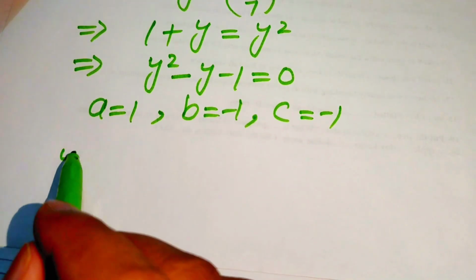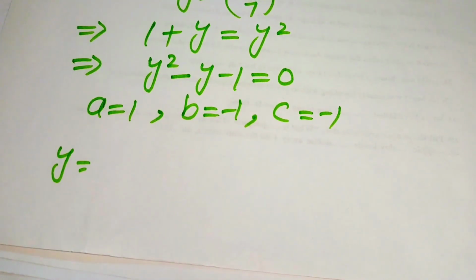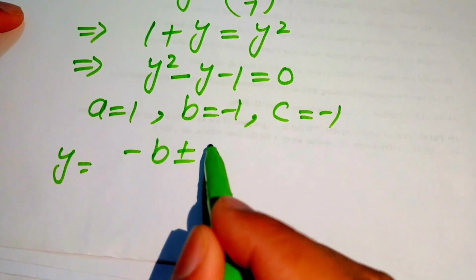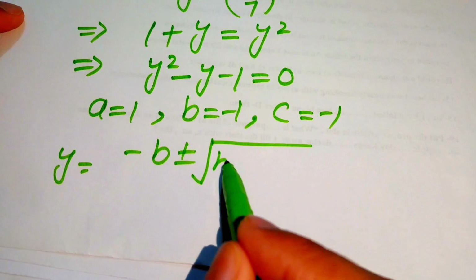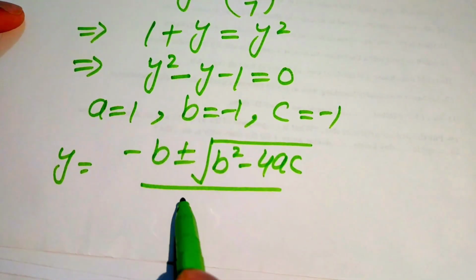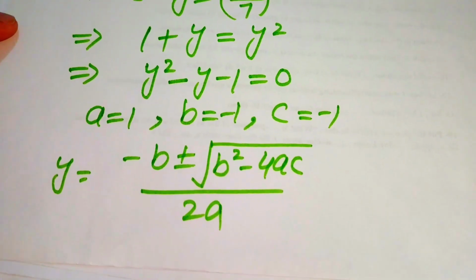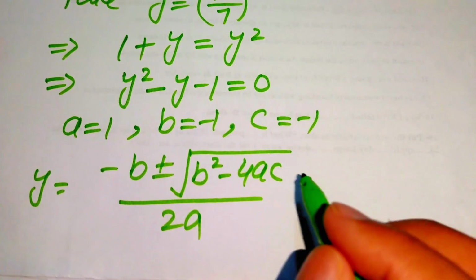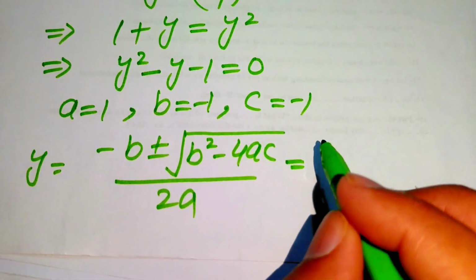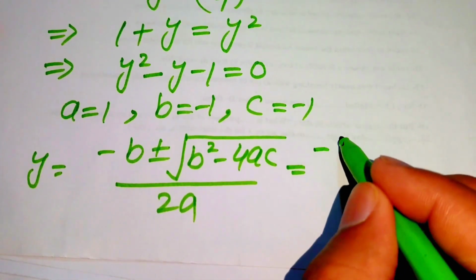So our quadratic formula looks like this: y equals minus b plus or minus the square root of b squared minus 4ac, divided by 2a. Now we substitute the coefficient values here.